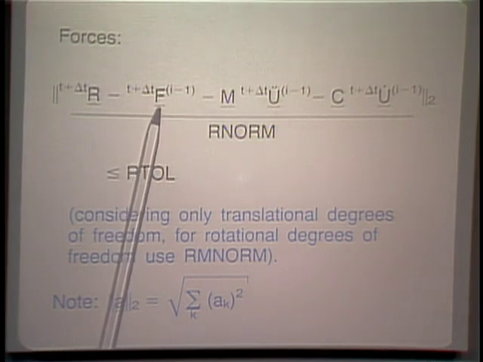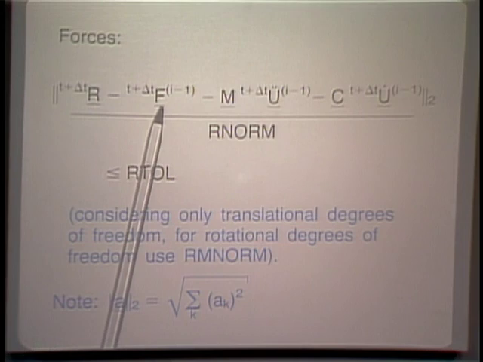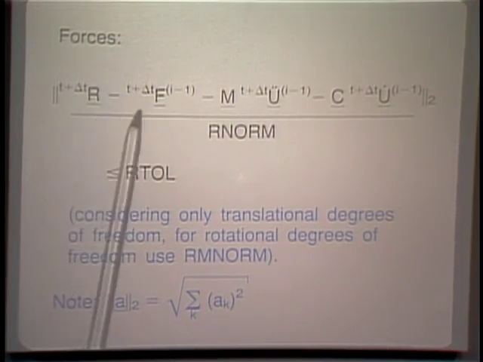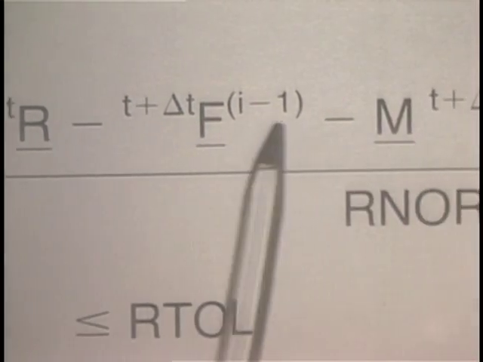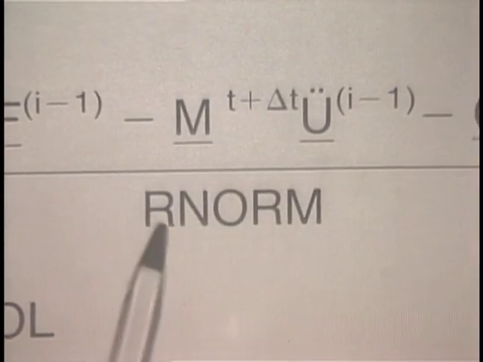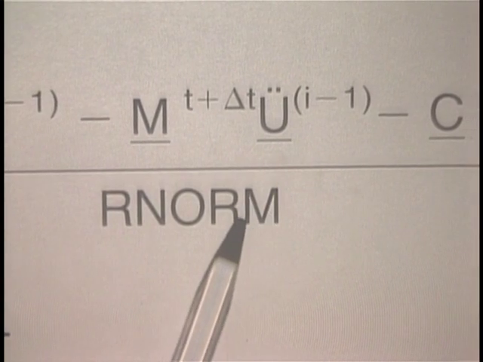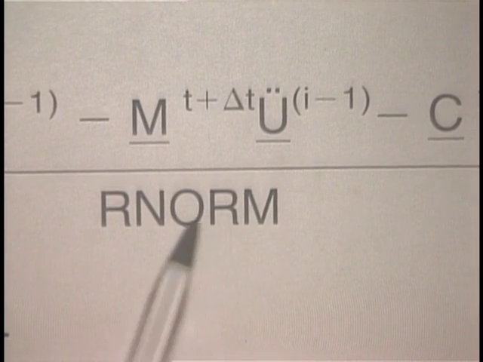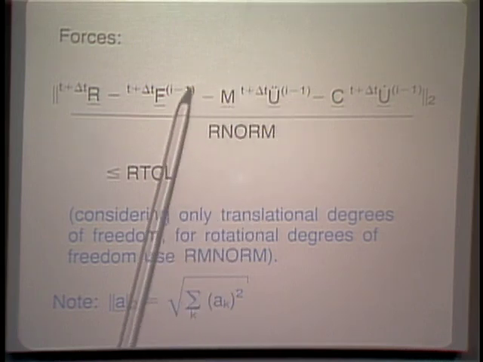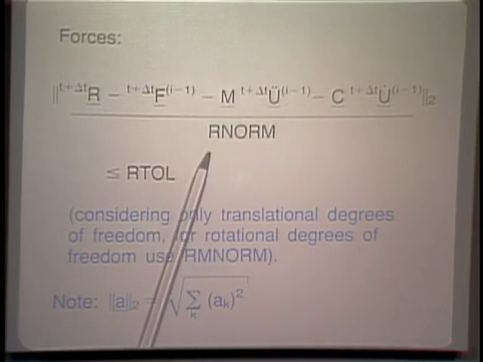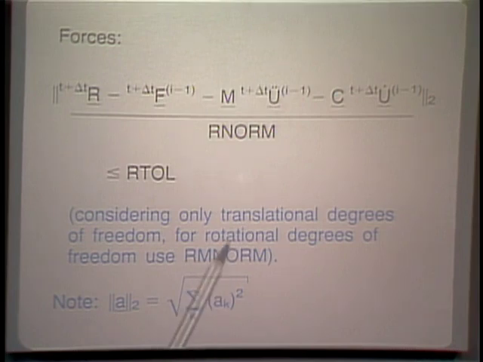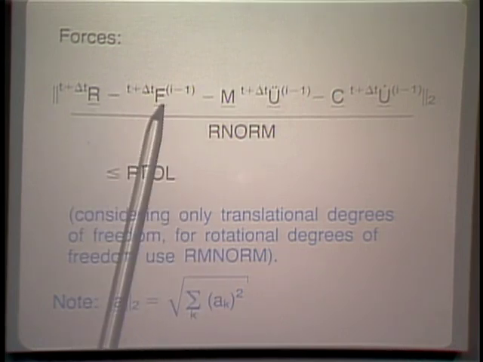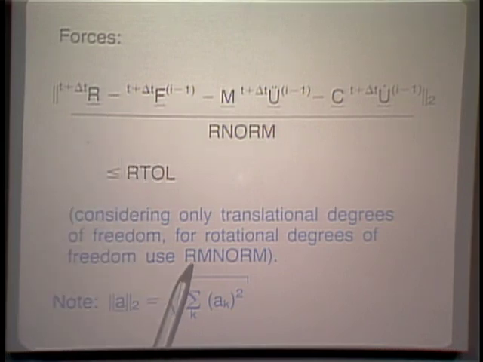We extract, in other words, the components corresponding to the translational degrees of freedom of this vector and that vector, and include those components only up here. We use our norm that also has, of course, the units of a nodal point force, and we supplement this convergence criterion by another quotient where we have on top the components corresponding to the rotational degrees of freedom only, and in the bottom what we called R m norm already earlier.